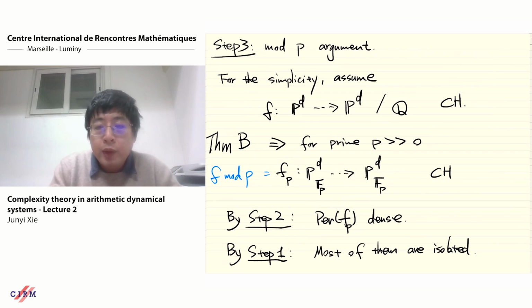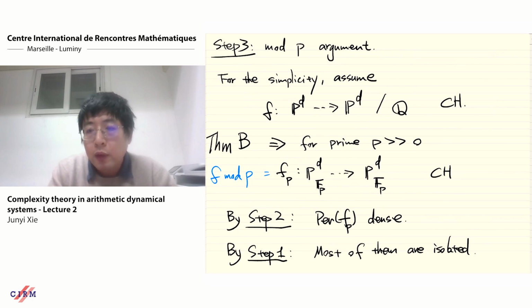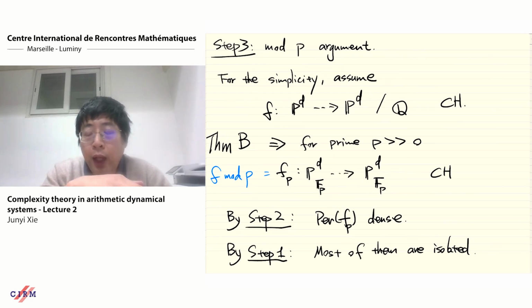And this is still cohomologically hyperbolic because our theorem B says that the dynamical degrees are lower semi-continuous for the Zariski topology, so it is continuous at the generic point.